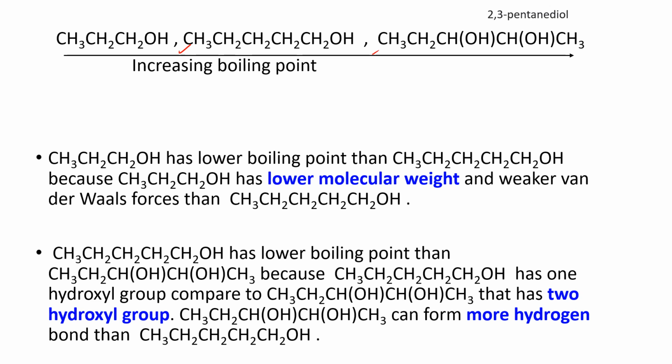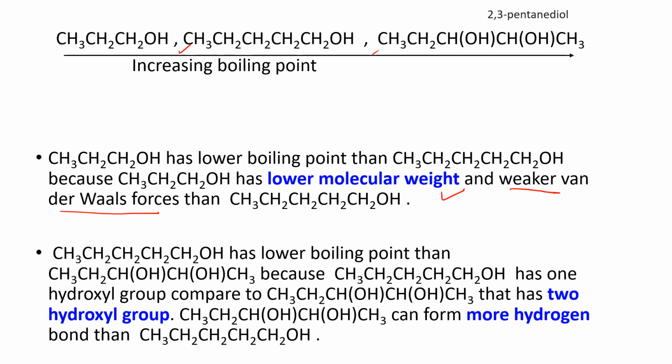I encourage you all to use commas to arrange increasing or decreasing order, so it is easier to understand and avoids mistakes. Now we can compare: 1-propanol has a lower boiling point than 1-pentanol because lower molecular weight gives weaker van der Waals force, while both can form hydrogen bond.